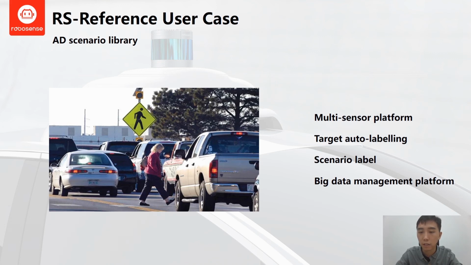Also, it provides a big data management platform. All these functions help us build our own autonomous driving scenario library. We can collect a large amount of different scenario data, and this is very helpful for product development.